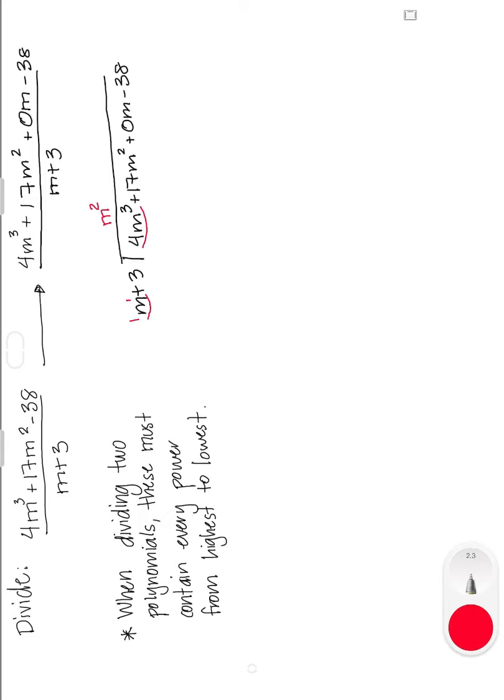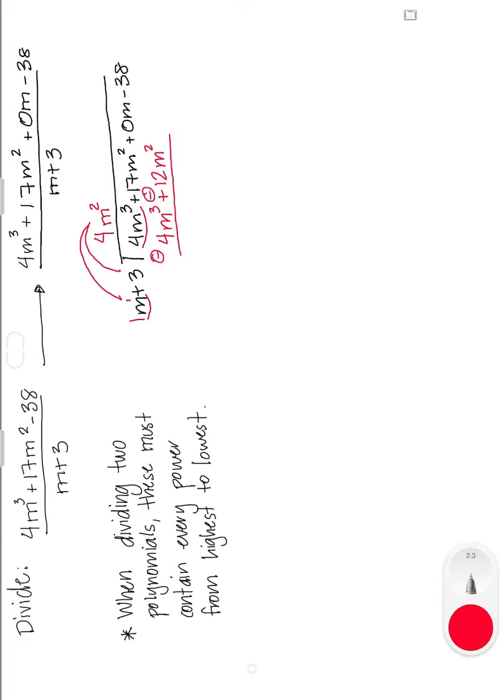Now, because this m outside has a 1 as a coefficient and we have 4 inside, we're going to multiply times 4, because 4 times 1 gives us 4. So we're going to multiply 4m squared by m plus 3. 4m squared multiplied by 1m is 4m cubed, and then 4m squared multiplied times 3 is 12m squared.